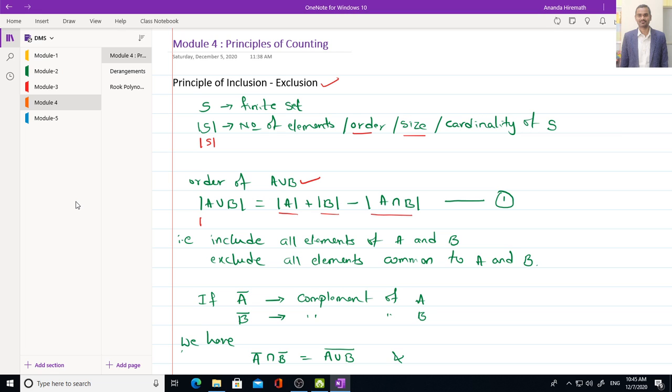Here we are including all elements of A, but we are excluding common elements of A and B. That's what include and exclude.